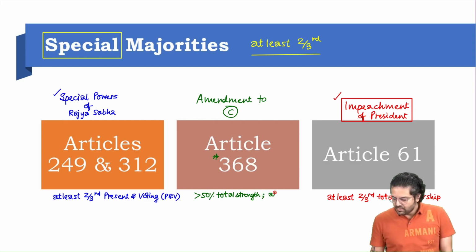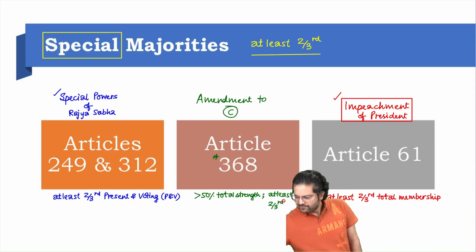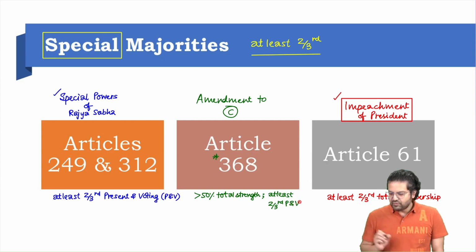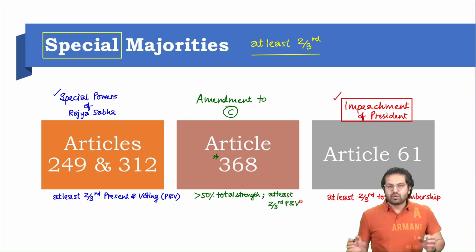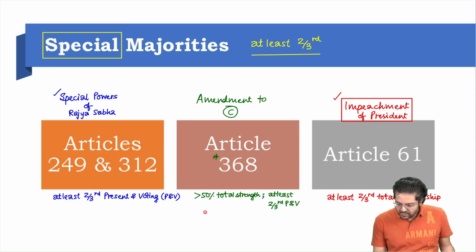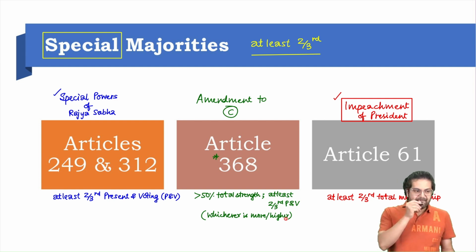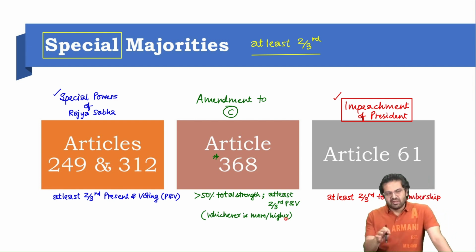And at least 2/3 present and voting. Clear? So it's a combination. And here, whichever is more, whichever is higher. Don't worry, I'll explain through an example.